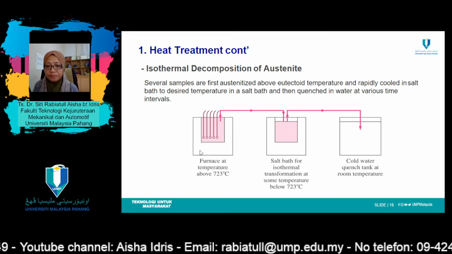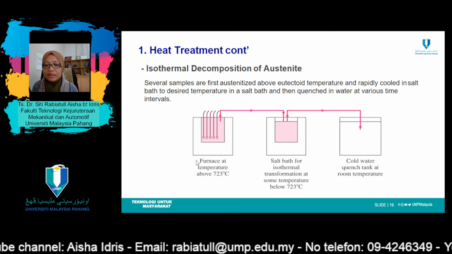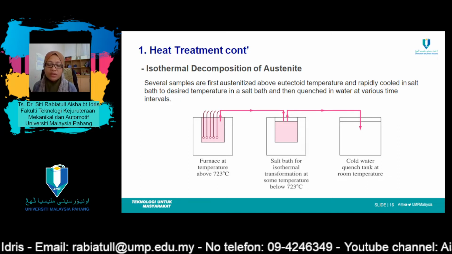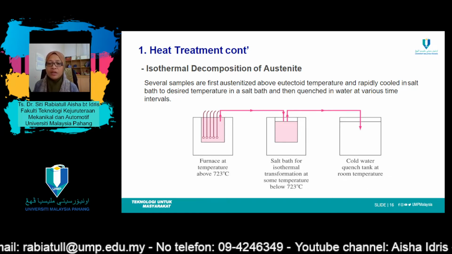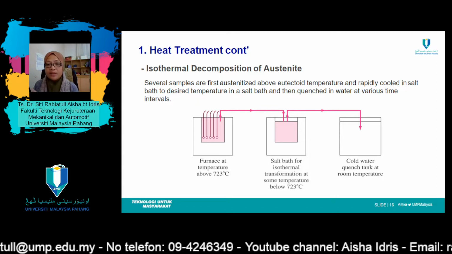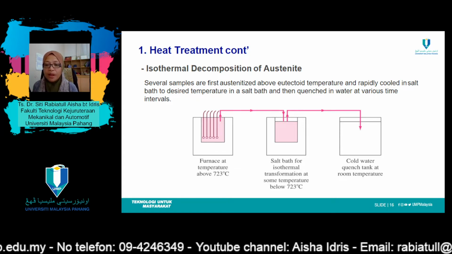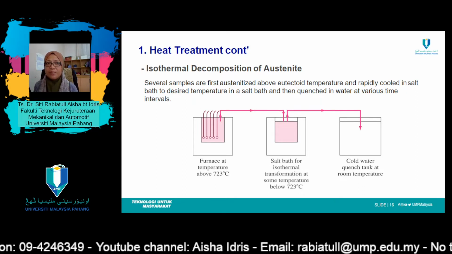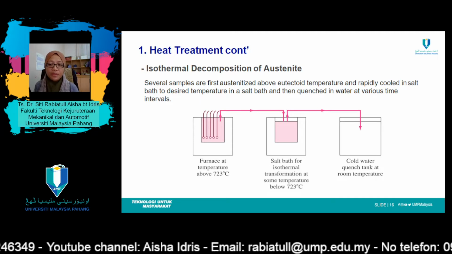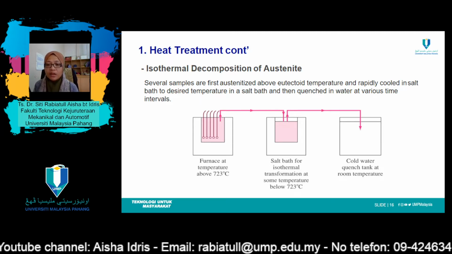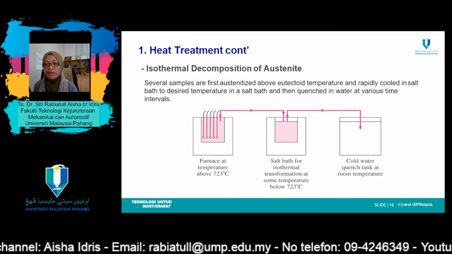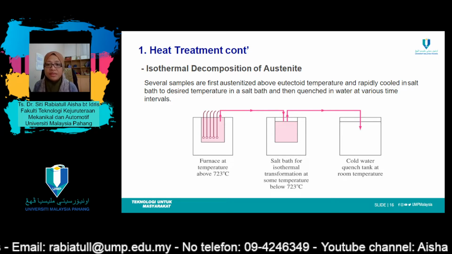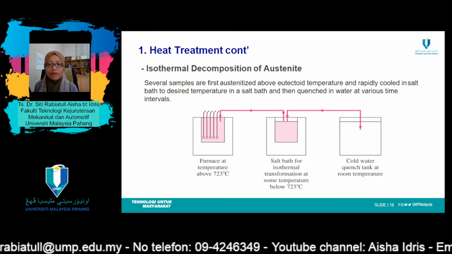For example, firstly, we heat the steel until it reaches austenite temperature, which is above 273 degrees C. Then the steel is placed in salt bath for isothermal transformation, as they call it, at some temperature which has to be below austenite temperature. Then after that, hold it for a certain duration and move it to cold water quench at room temperature. So this is called isothermal decomposition of austenite.